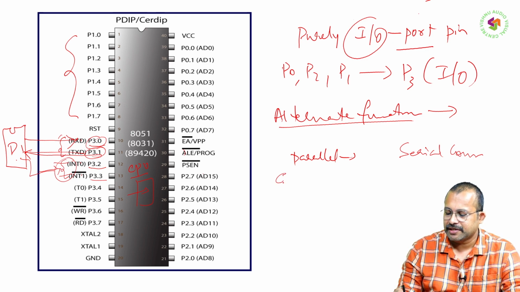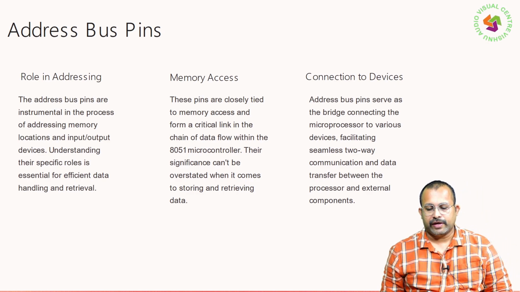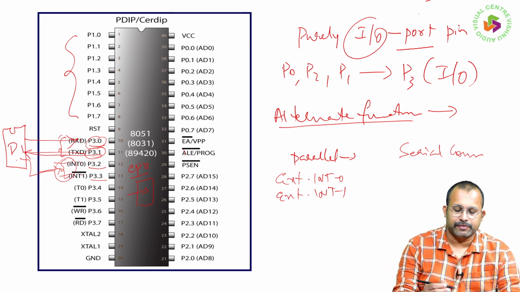That means external interrupt 0 and external interrupt 1. At these two pins, externally connected devices can send interrupts.